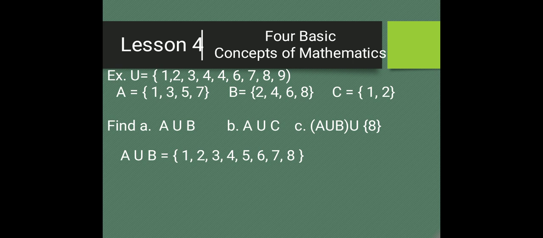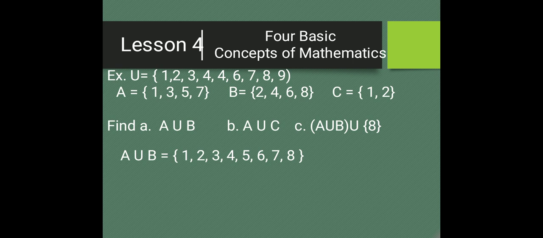Now, ang union nila is lahat ng elements but with no duplication. So, kung may kapareho silang numbers, hindi mo sila pwedeng isulat ng paulit-ulit. We just write that one with no duplication. So, we have the union of A and B is 1, 2, 3, 4, 5, 6, 7, and 8.